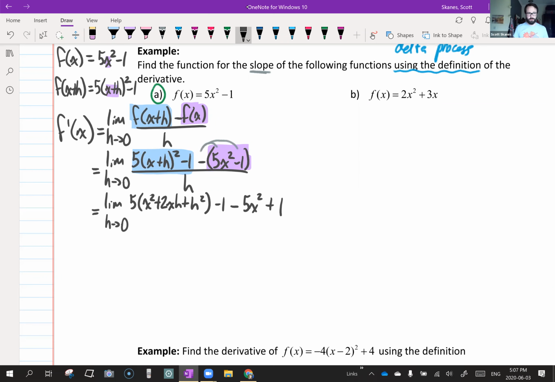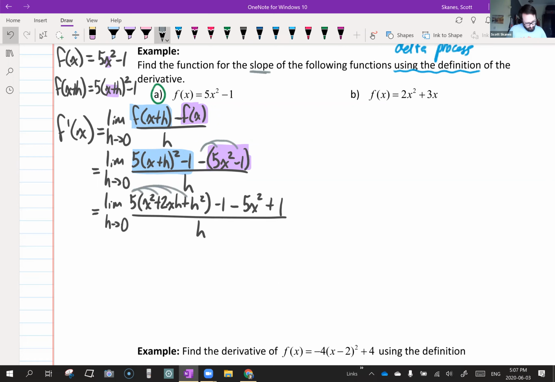Hopefully we're okay so far. All over h. So I expanded my brackets and I multiplied through by my brackets. I'm trying to get everything out in a big line so that I can start simplifying. I'm going to multiply through here. Oops. Multiply through here.